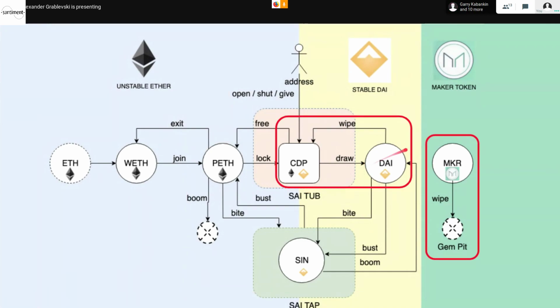And if you want to wipe some DAI, for example, if you need to close your CDP, you have to pay with Maker tokens. You can pay it with DAI, but that's converted on Oasis DEX to Maker, and it's anyway paid in Maker. But you can do it automatically via Oasis Exchange with existing DAI coins. Okay.